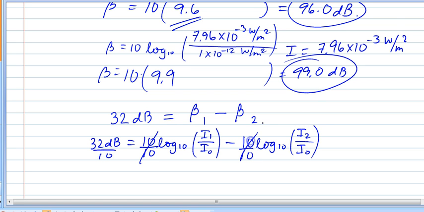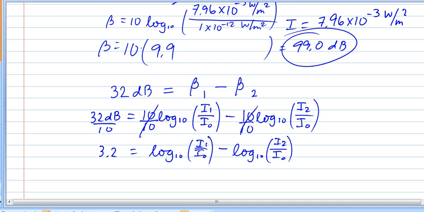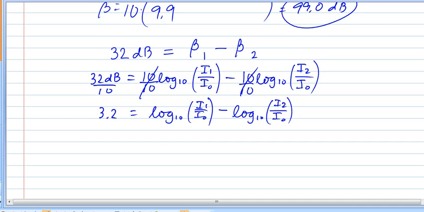I can do that right away, and I'm going to have 3.2 is equal to the log base 10 of I1 over I0 minus the log base 10 of I2 over I0. And now this is where this weird thing comes into play, that the log of A minus the log of B is actually equal to the log of A over B. And I'm not going to prove that.